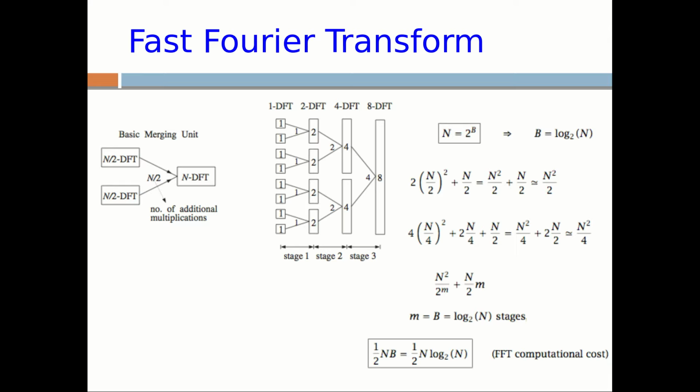Now let's try to see the complexity of this fast Fourier transform algorithm. So given an N-point sequence, we would generally take N to be of the form 2 power b. We would split it to N/2 points and N/2 points, one consisting of the even points and one consisting of the odd points.